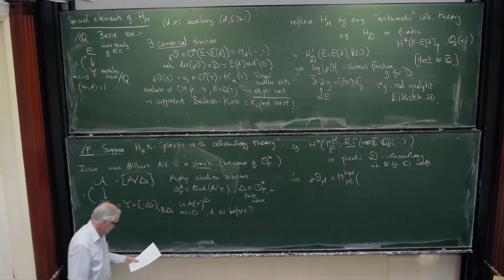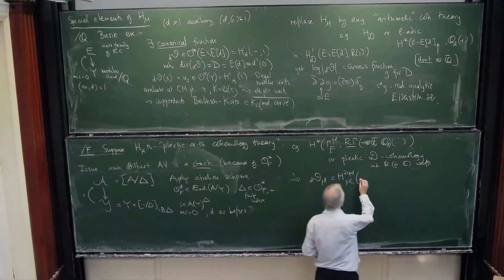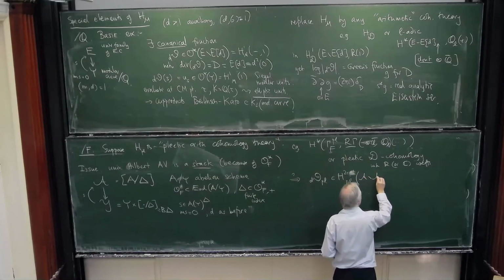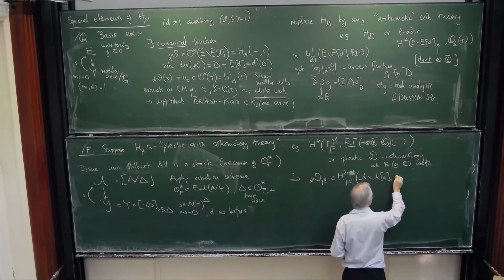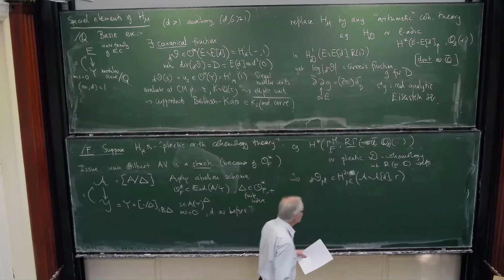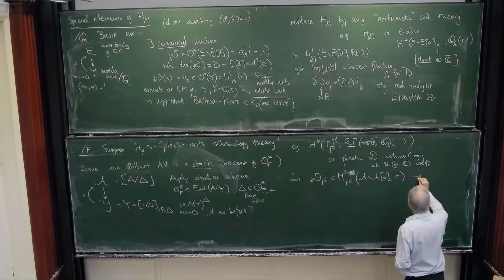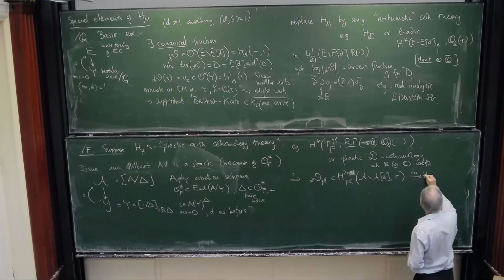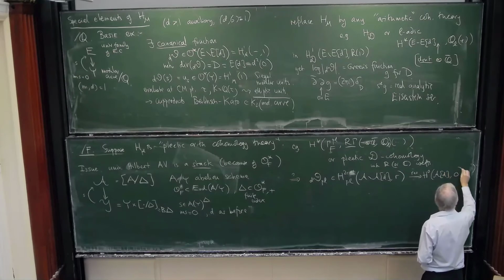That's 2r minus 1, with the r twist here, with so there's a residue map along here, which is to H^0, just A_D, and 0 twist.